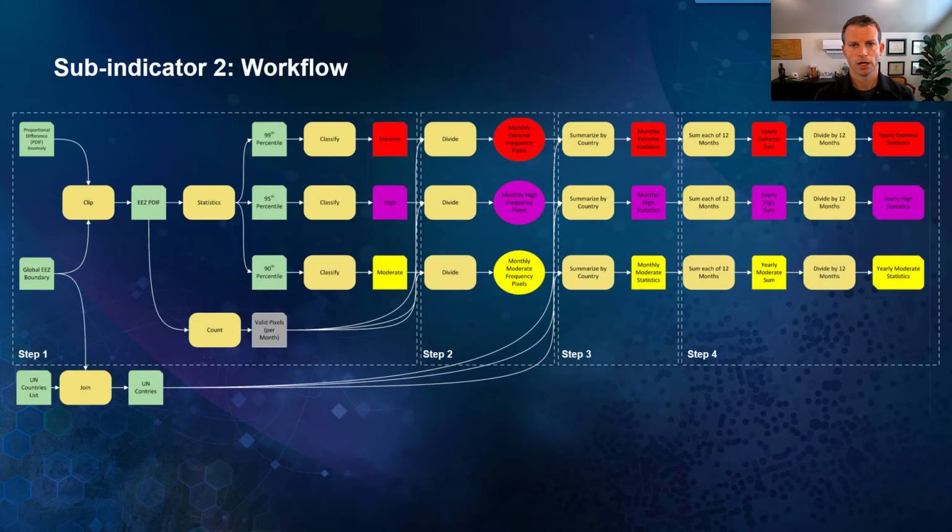Here's a look at what that workflow is. In this case, we're taking the proportional difference product that comes from NOAA, that's already an anomaly that's been calculated, and we're clipping that to the global EEZ boundary. At this point in time, we are doing statistics to derive the threshold cutoffs for the 90th, 95th, and 99th percentiles respectively.